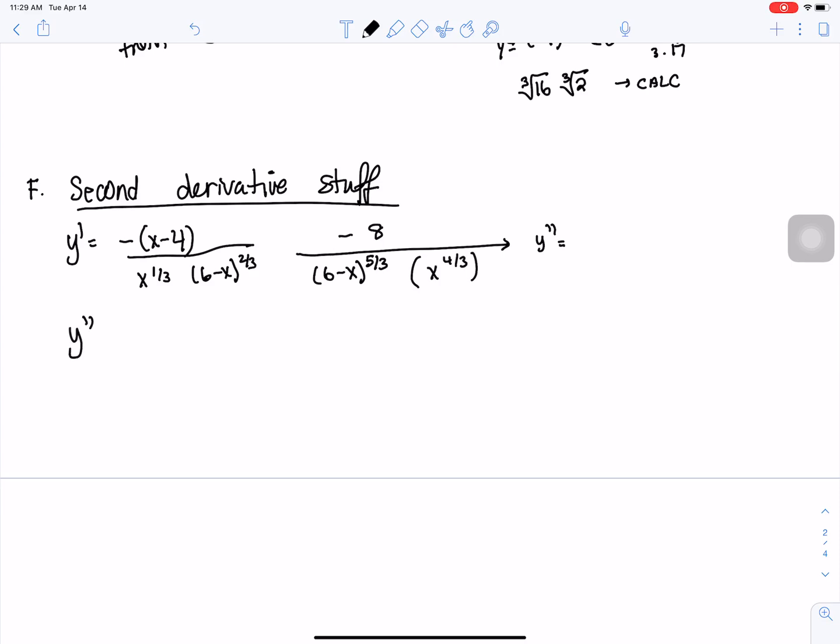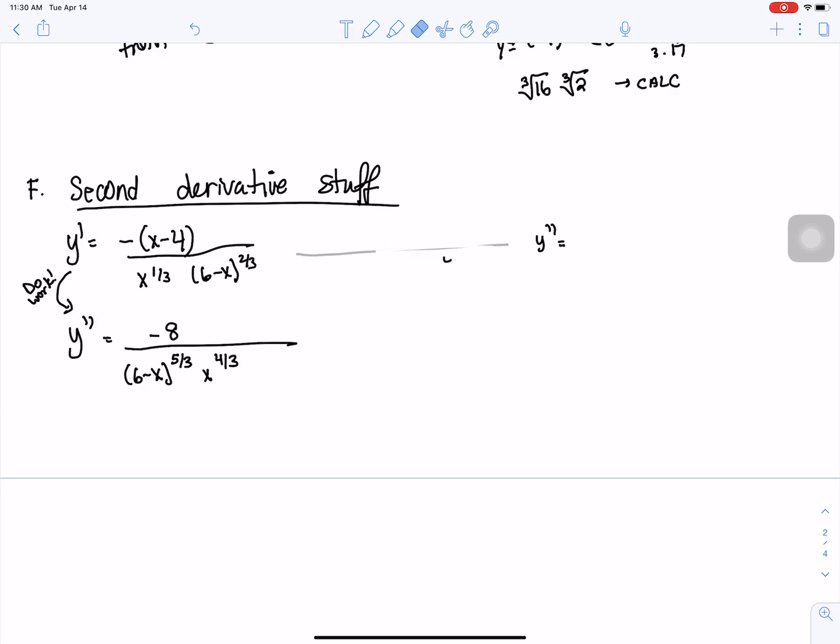So what you're going to do is do the work, clean this up. You can come in during a focus session if you need help to simplify this. Negative 8 over 6 minus x to the 5/3, x to the 4/3. And then I'm going to clean all this up. Okay, so you're going to do all the work inside. Your turn.